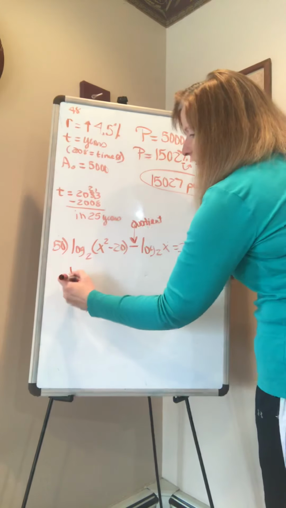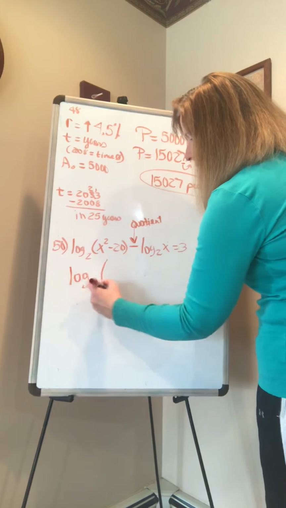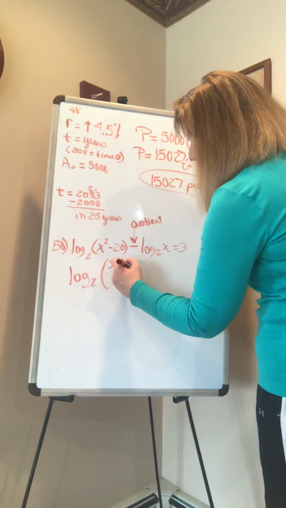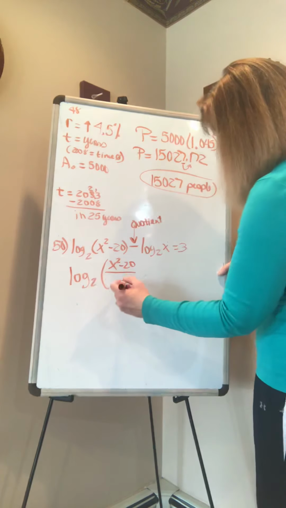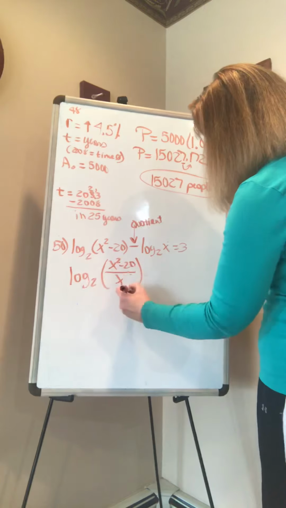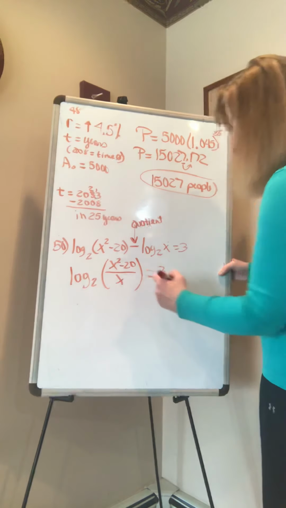And so if I factor out the log base 2, I have x squared minus 20 divided by x, and this equals 3.